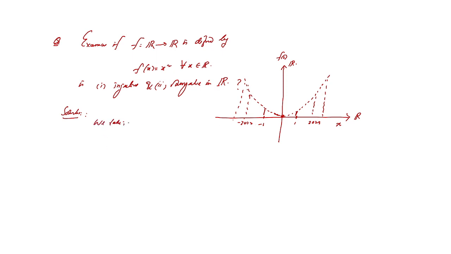So we take 2 points, 1 and minus 1, both are real numbers and both are in the domain set. Now what will be f(1)? f(1) will be 1 square, that means 1. And f(-1) is (-1) whole square, which is basically 1.